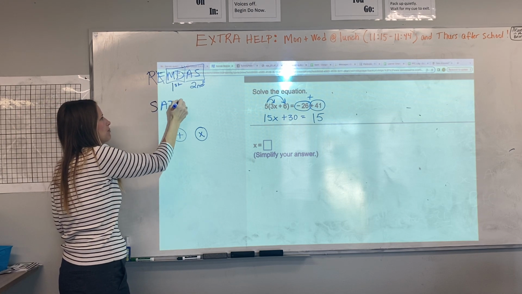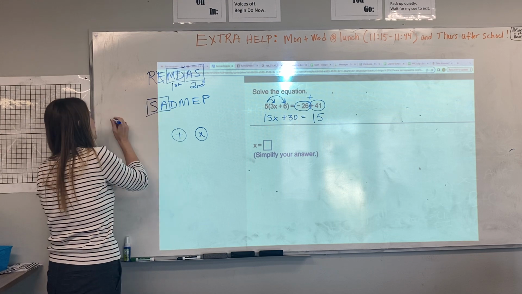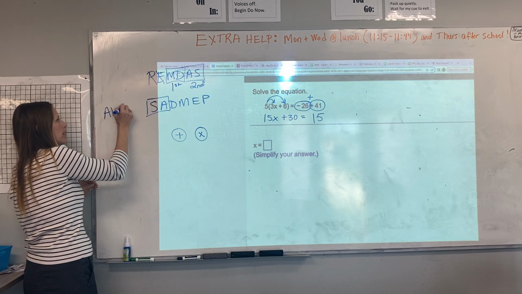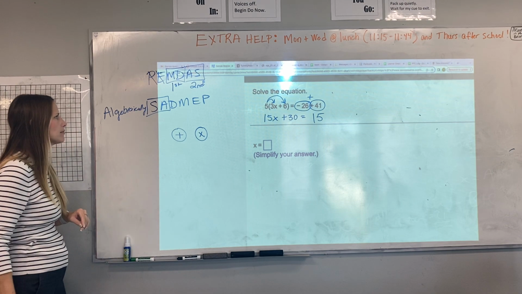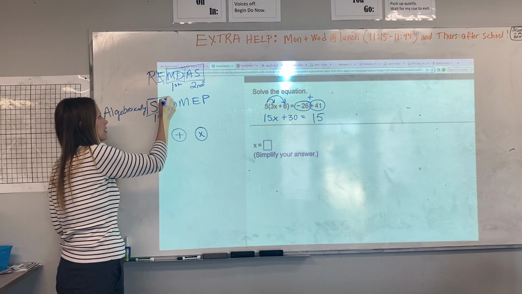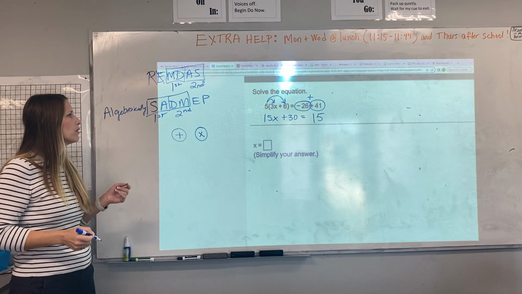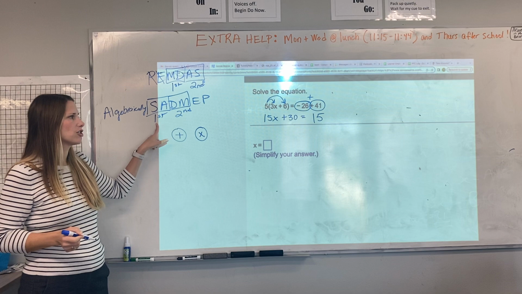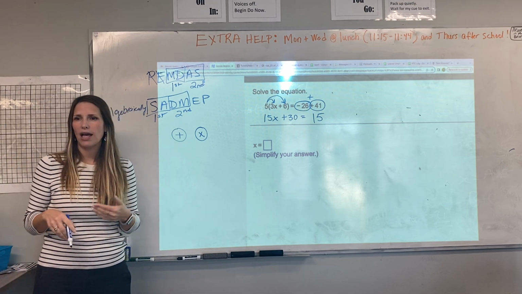SADMAP, which is me just writing PEMDAS backwards, is when you're solving algebraically. So this would be first, and this would be second, okay? So we're going to solve our addition or subtraction first. Or I should say we undo that first.